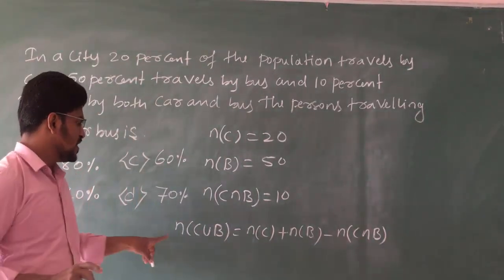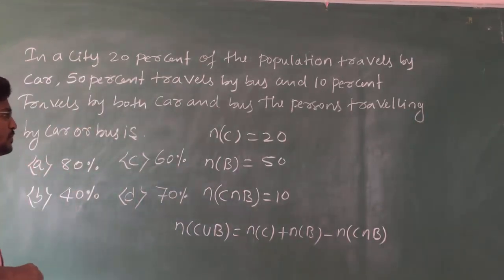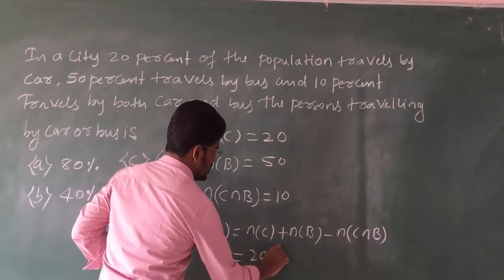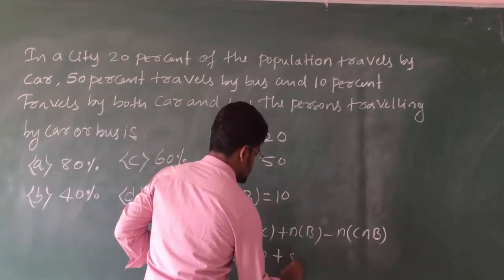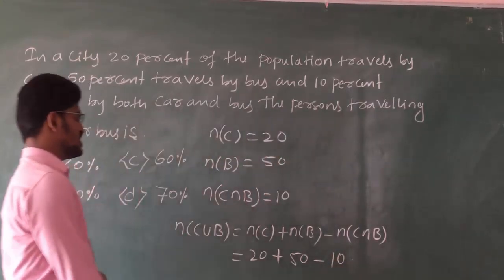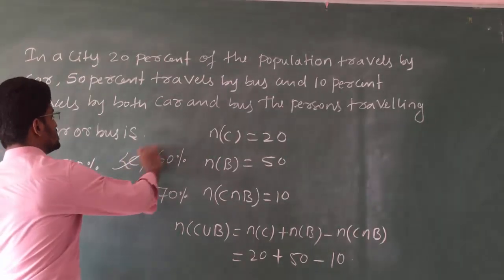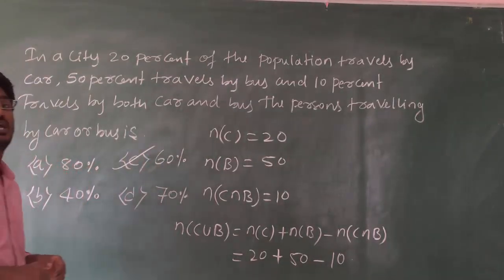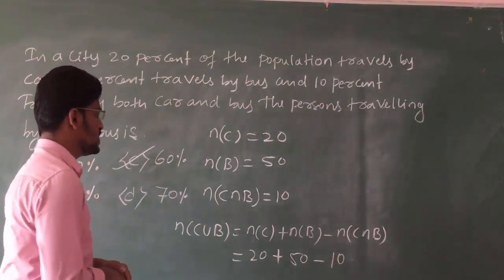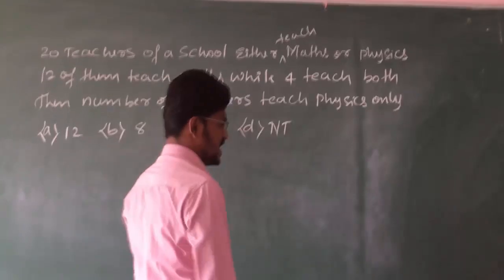So n of C union B equal to n of C plus n of B minus n of C intersection B. What is n of C? 20 plus 50 minus 10. So 70 minus 10 is 60. So 60% travel by car or bus. Clear? So the answer is 60%. See the next question.